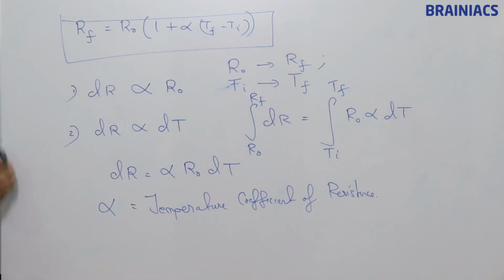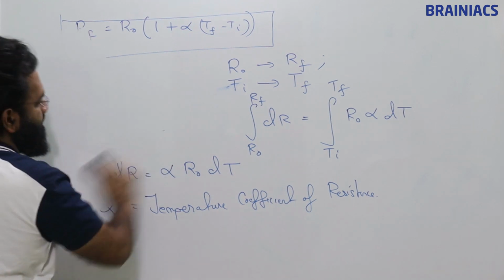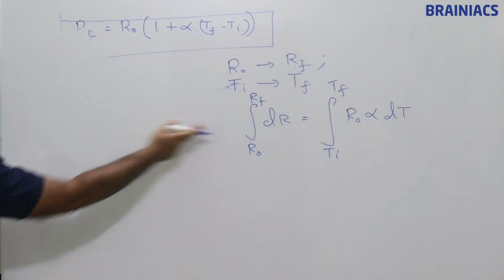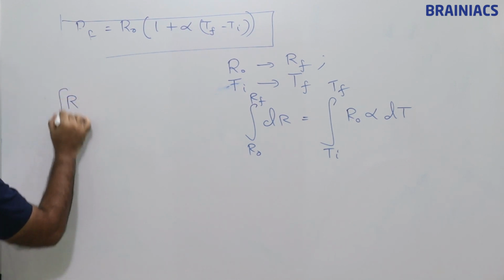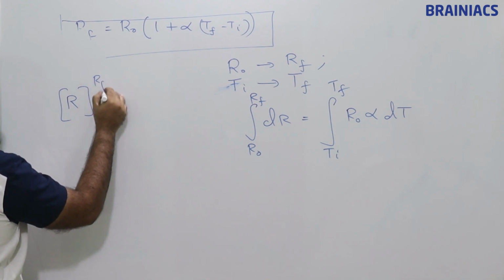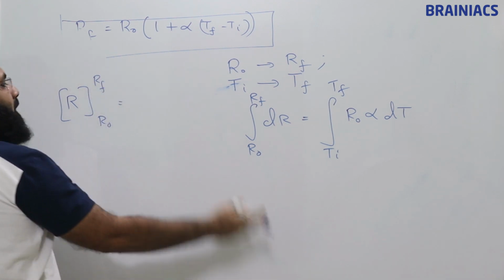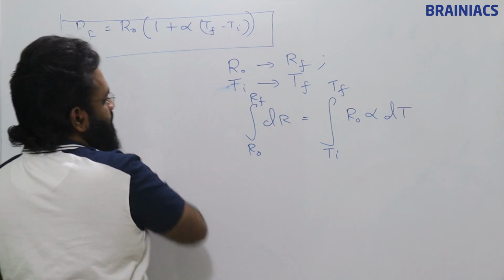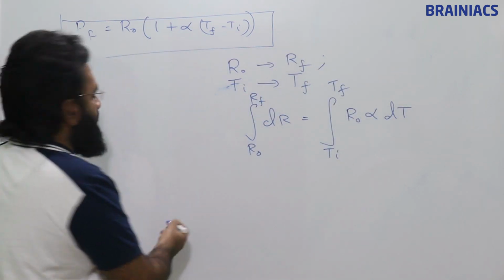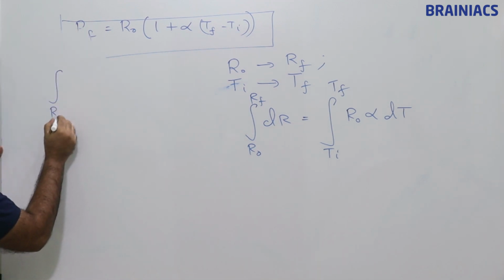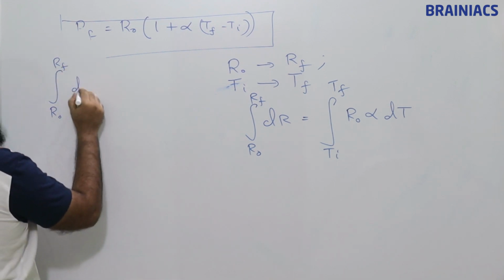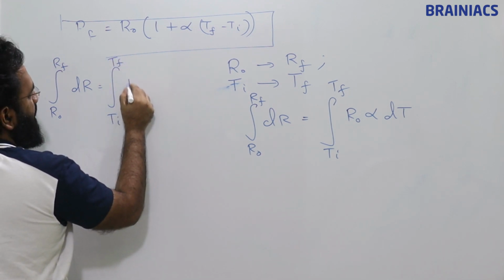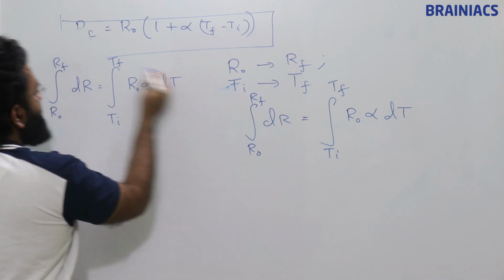Copy this. Integral R0 to RF dr is equal to integral Ti to Tf R0 alpha dt.